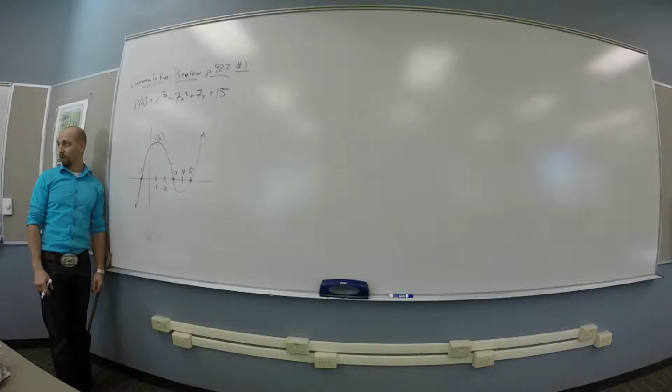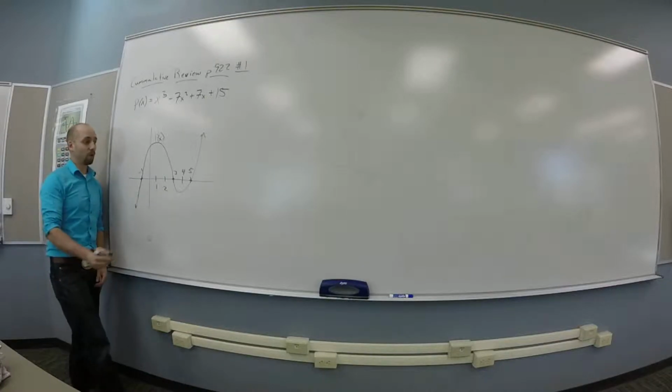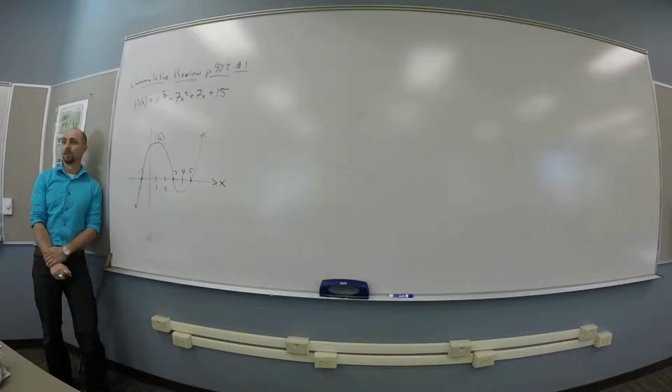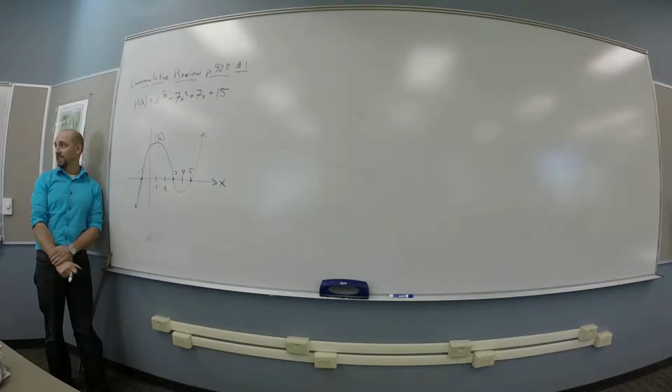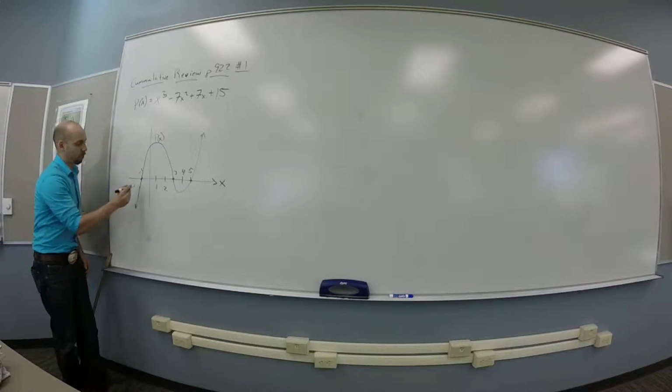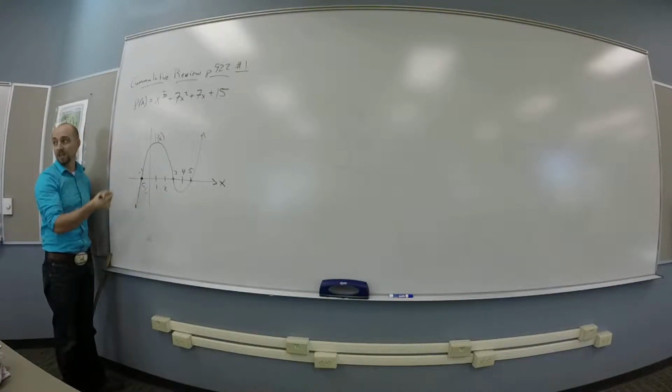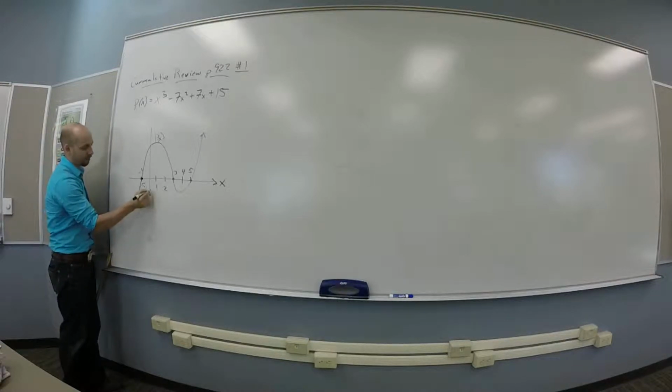The reason why I don't care is I'm really looking for this x-axis business, because the x-axis is when the output is 0, right? Okay. So this point here means that when I plug -1 into my p, I get 0 out, right?